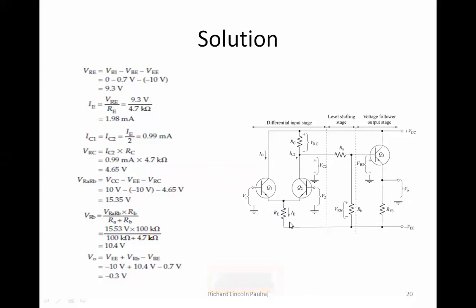If I put those values, VB1 becomes 0. Remember, we have given 0, and VBE is 0.7 because it's silicon, and VEE is minus 10 volts. So if I calculate, my VRE is going to be 9.2.